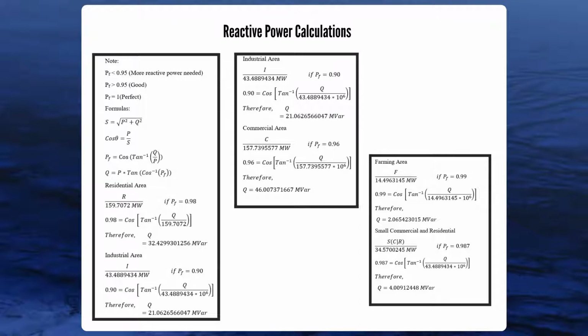We also found that a power factor that's less than 0.95 is in need of more reactive power. A power factor that is more than 0.95 is good. And a power factor of 1 is perfect.